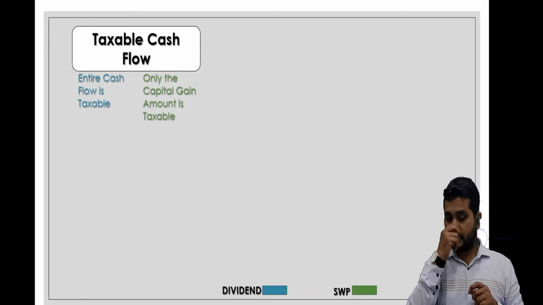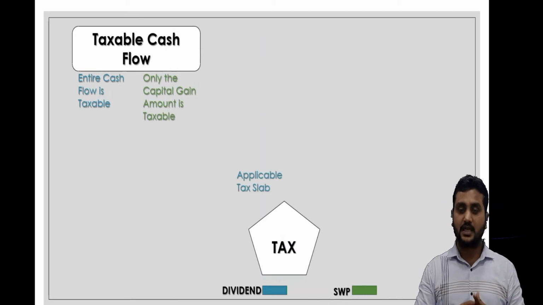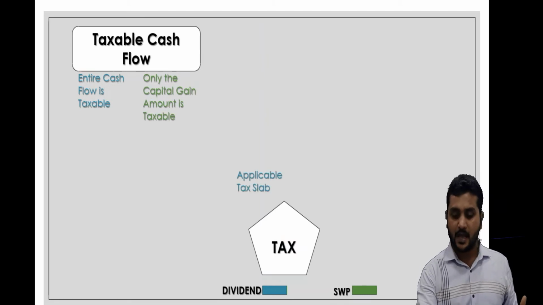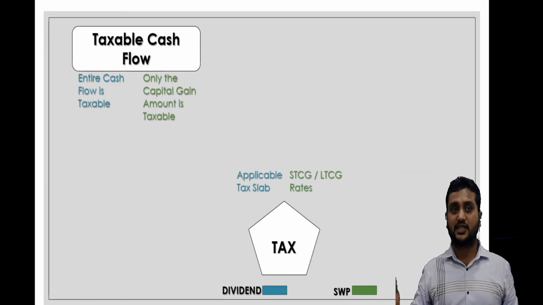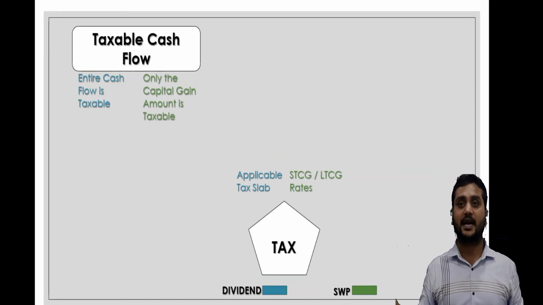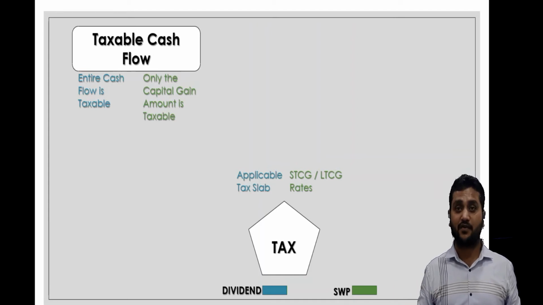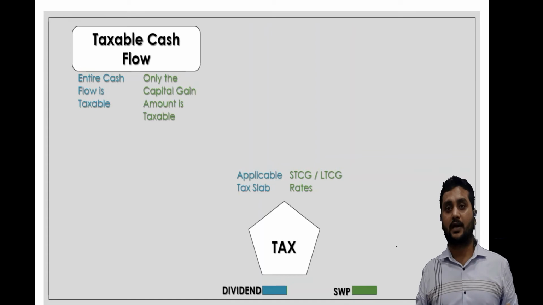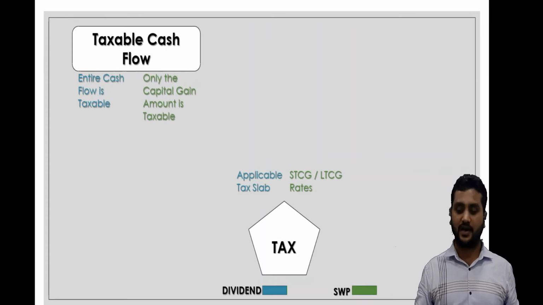On tax rates, the dividend option is taxed as per my tax slab, but in a SWP option, only short-term or long-term capital gains rates are applicable. Short-term capital gains rates are 15% if we sell before 1 year, and long-term capital gains are 10% if we sell after 1 year.